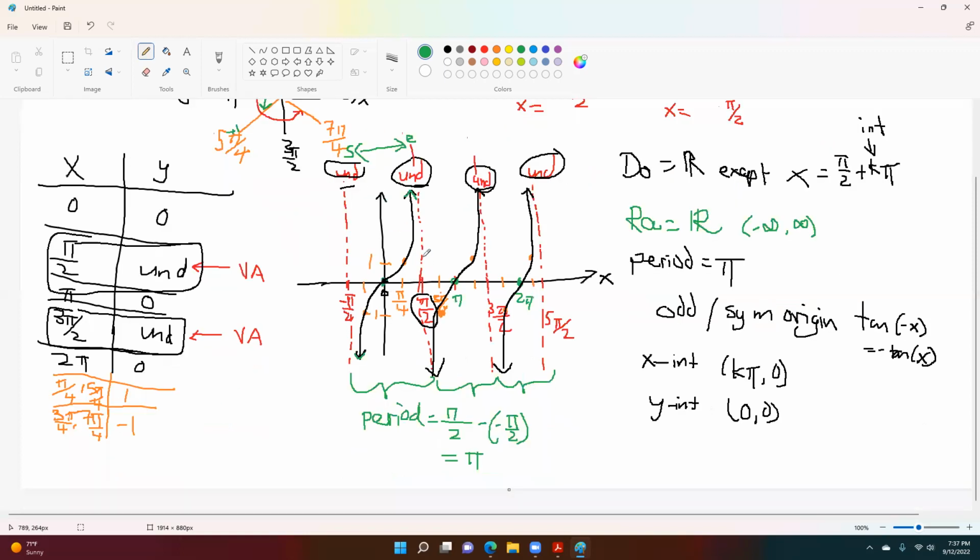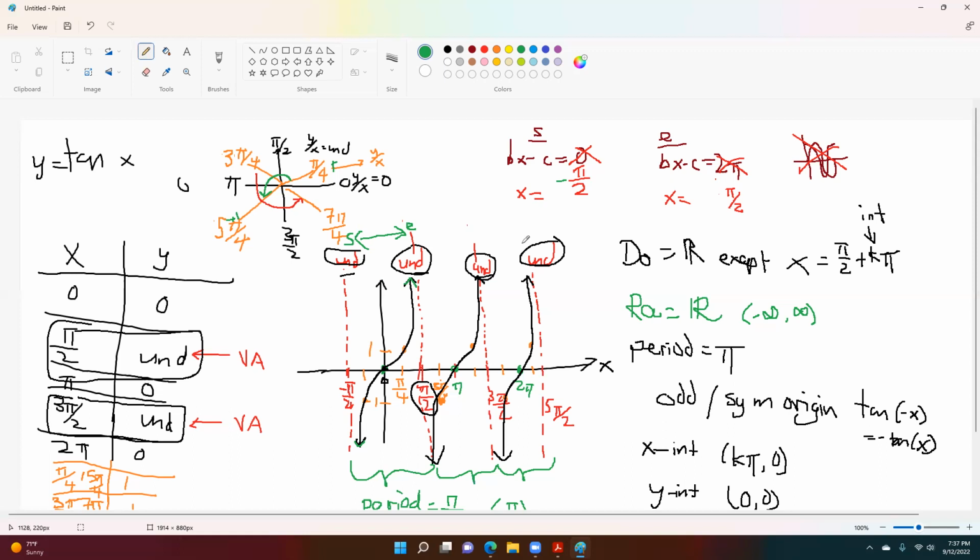But you can start and end anywhere you want. The reason why we picked that is because it captures the y-axis. That's one. The second reason is because of inverse trigonometry on tangent. We will talk about that in Wednesday's class.